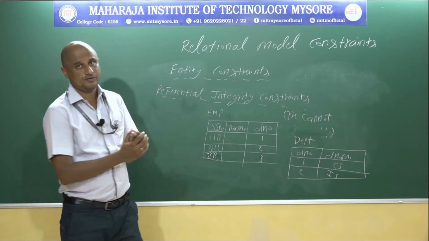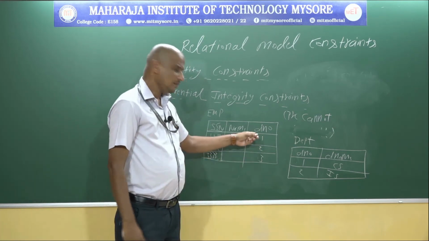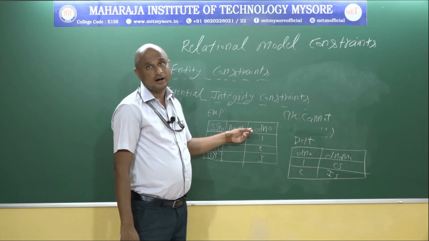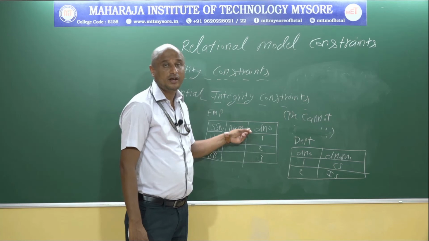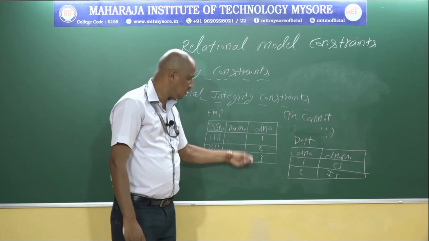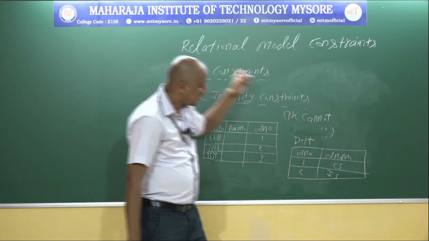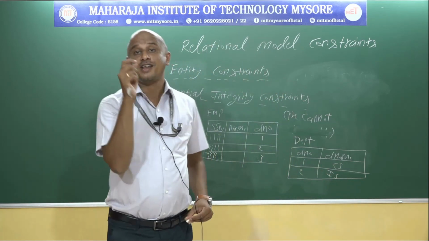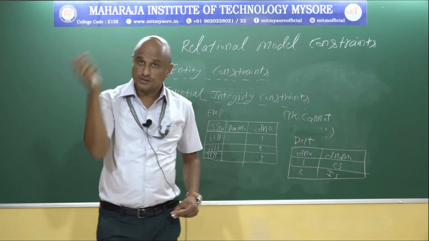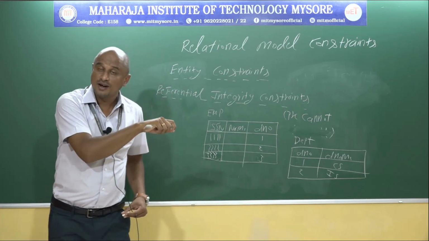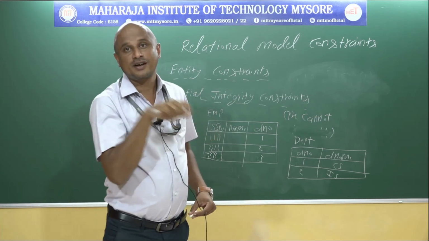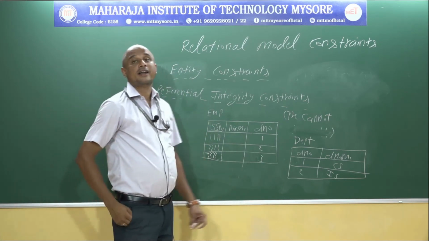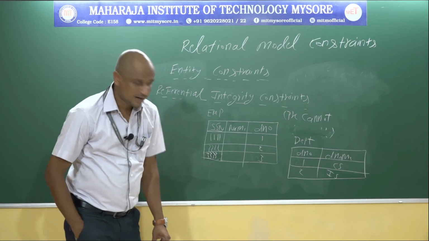The definition says: a tuple of an attribute in relation R1 refers to an existing tuple of relation R2, and this is called a referential integrity constraint.